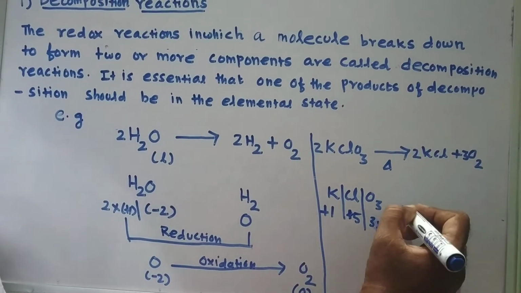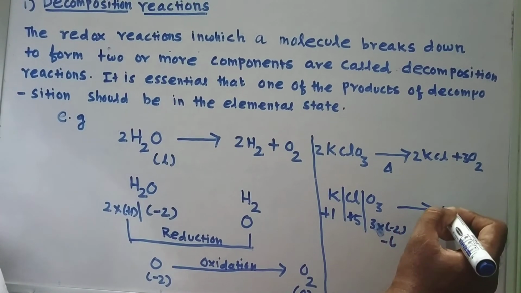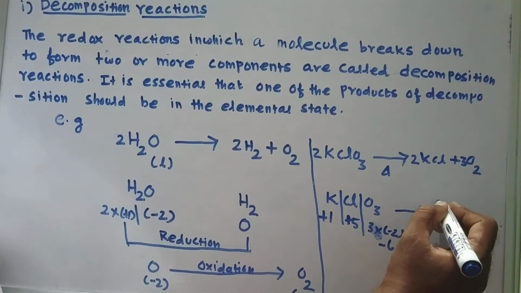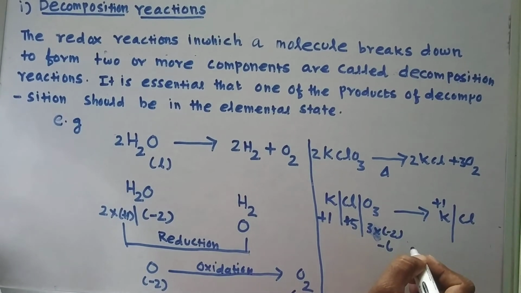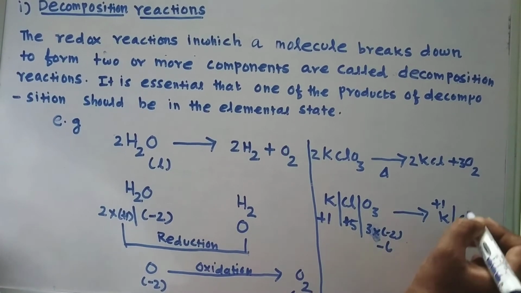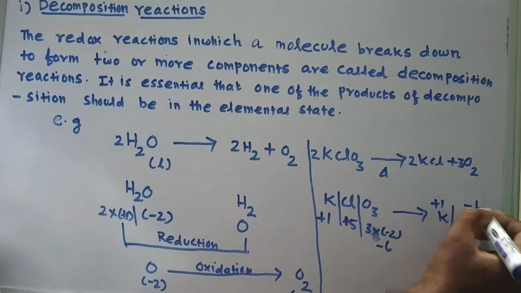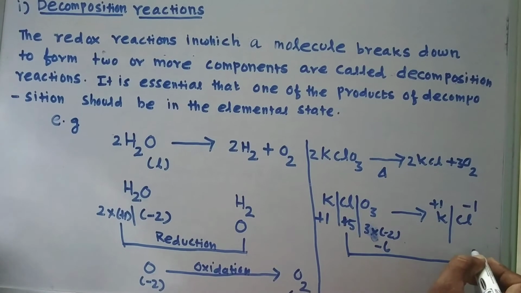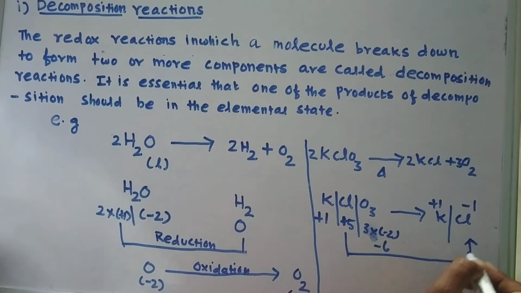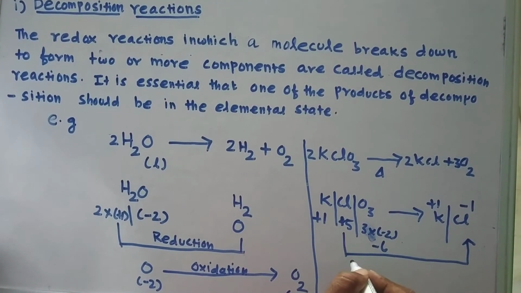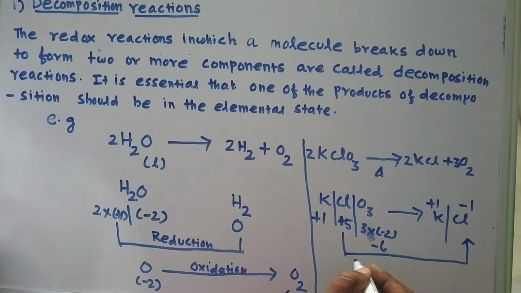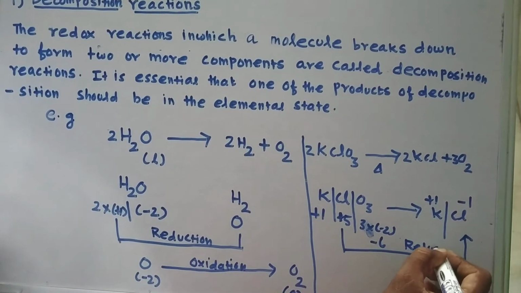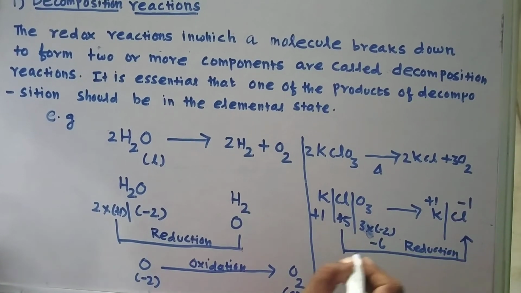Now in KCl, potassium is in the state of +1. There is no change at all. But chlorine is in the state of -1. Therefore, from +5 it becomes -1. Therefore, it gains electrons. The gain of electrons is called reduction. Therefore, it undergoes reduction.